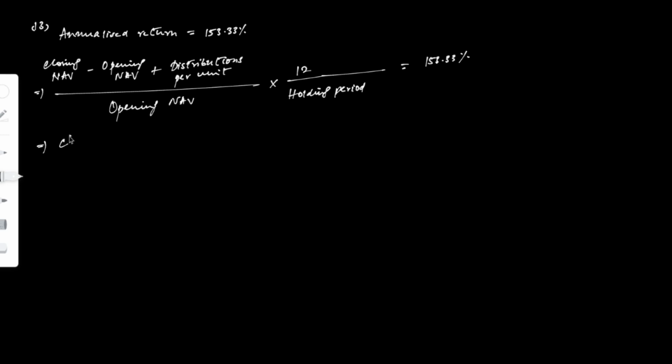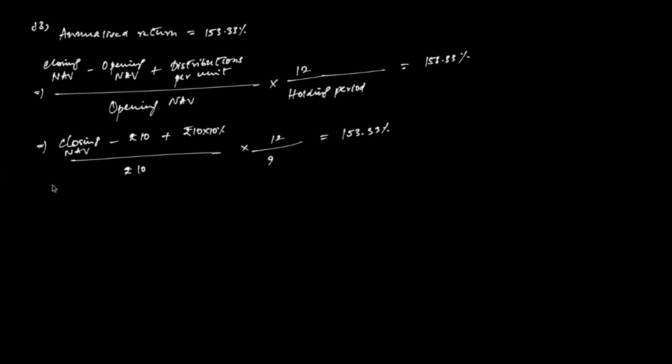Now, what is closing NAV? This is what we need to find out. Opening NAV is rupees 10, plus distributions, that is rupees 10 into 10%, divided by rupees 10, into 12 by holding period, that is 9, equal to 153.33%.